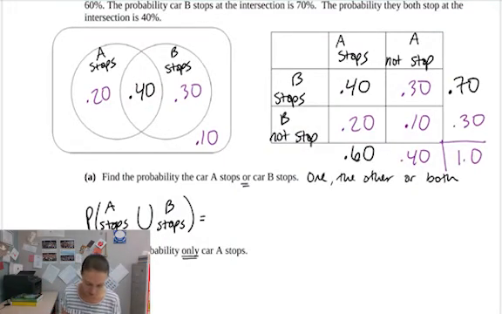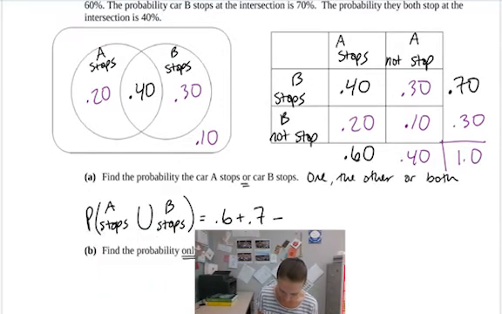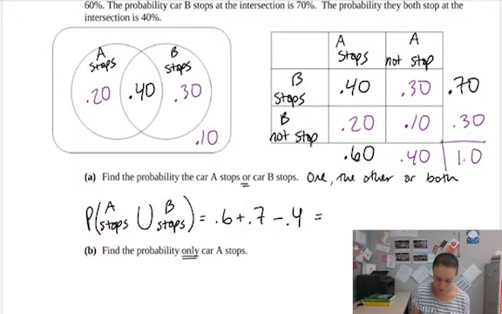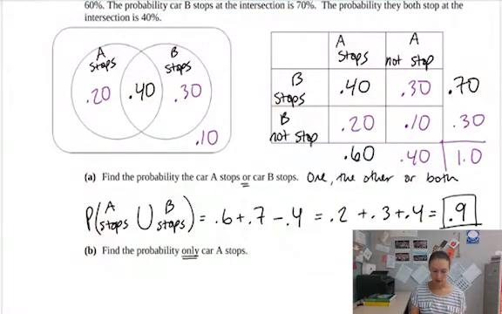I'm going to use the formula. So we've got 0.6 plus 0.7 minus 0.4. Or you could have just done 0.2 plus 0.3 plus 0.4. You'll get the same thing, which is 0.9 or 90%.